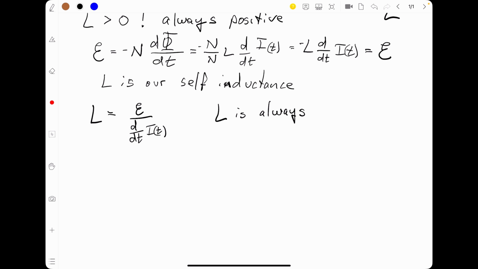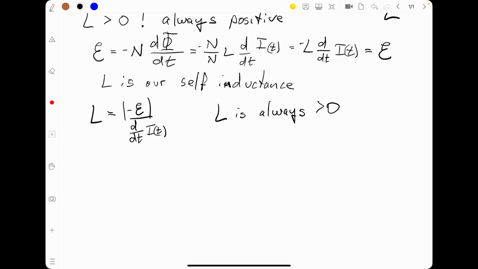So since it's always greater than 0, do we care about whether we're dealing with this or what? No, we don't care. We just want to know the value of the thing. And whatever the value of the thing is, then we've got it, right? So it really doesn't matter.